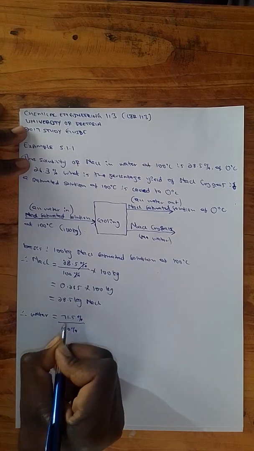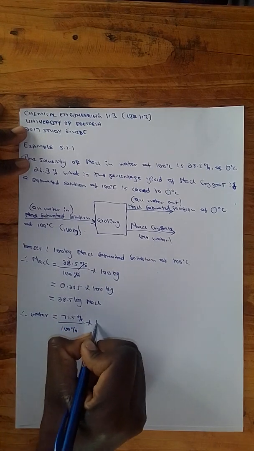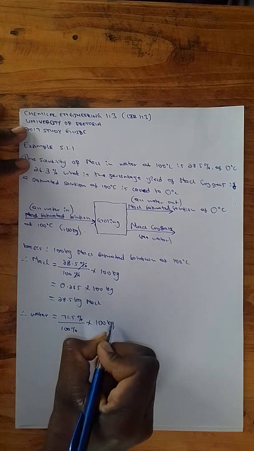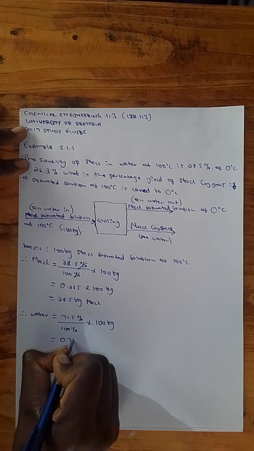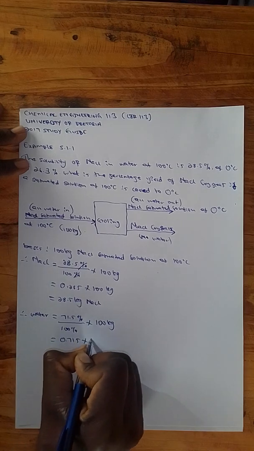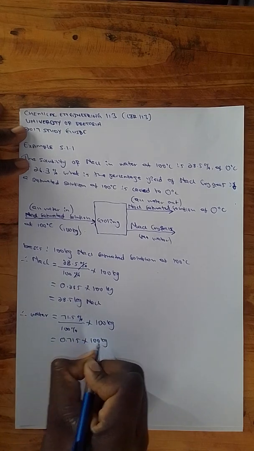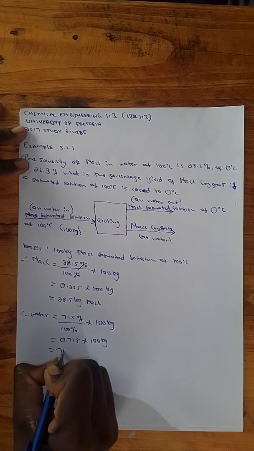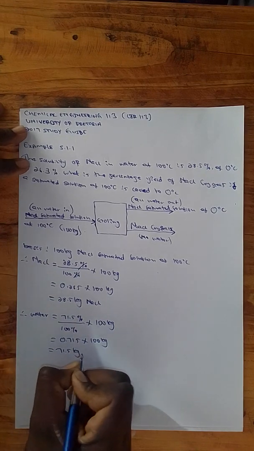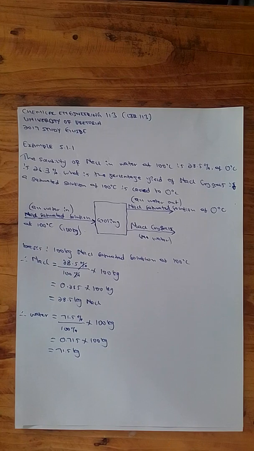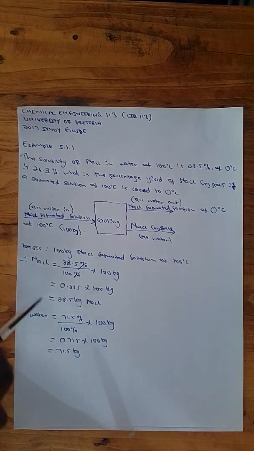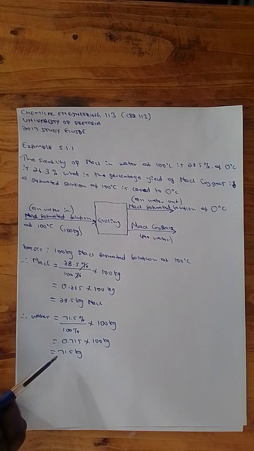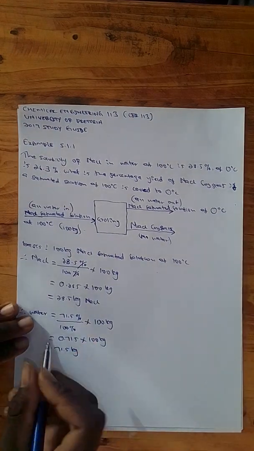This is the mass fraction of the water, multiplied by 100 kilograms, the total solution. So it gives us 0.715 multiplied by 100 kilograms equals 71.5 kilograms. Now we know that in this stream we have 28.5 kilograms sodium chloride and 71.5 kilograms water.